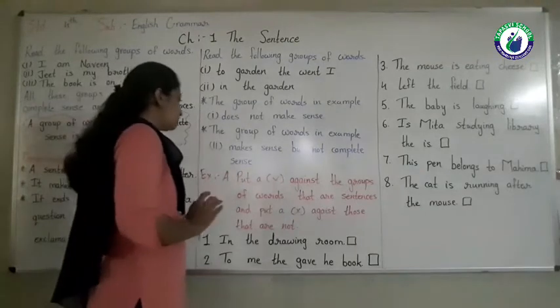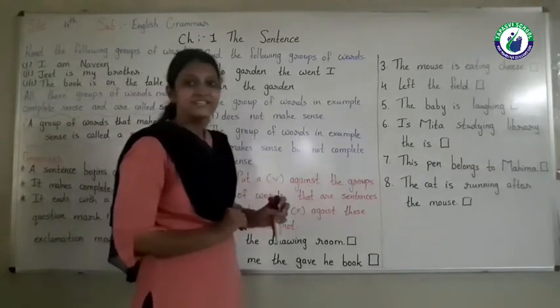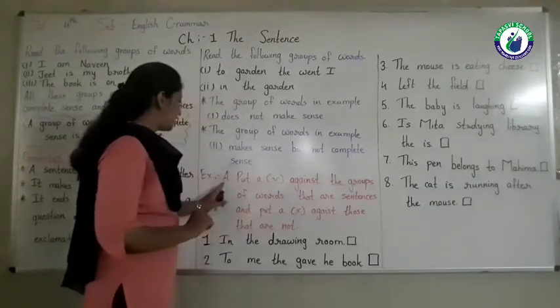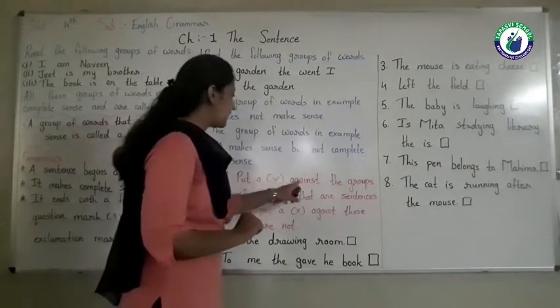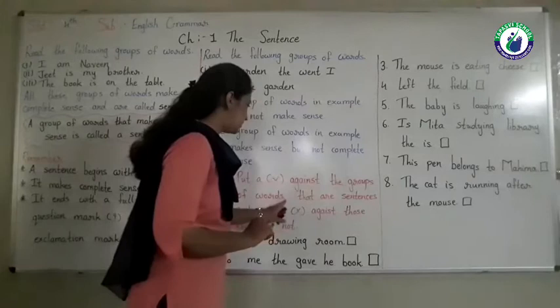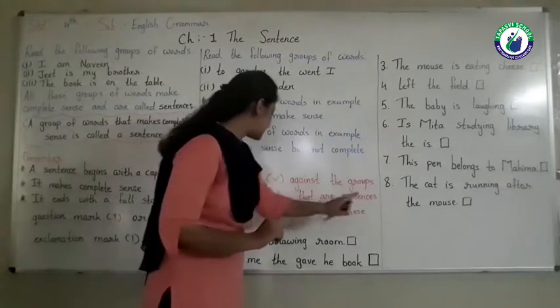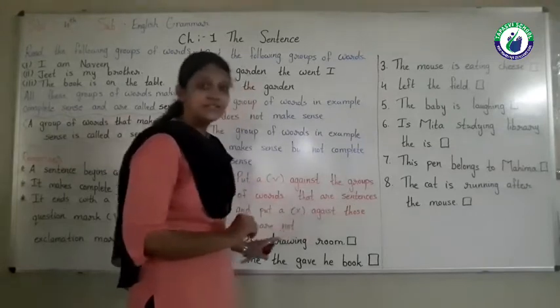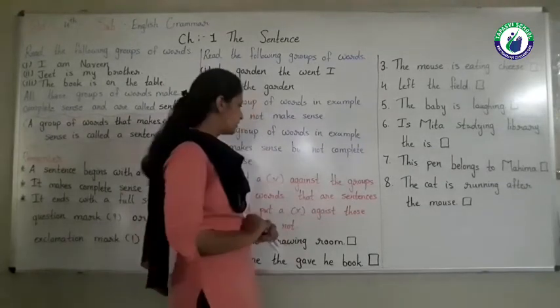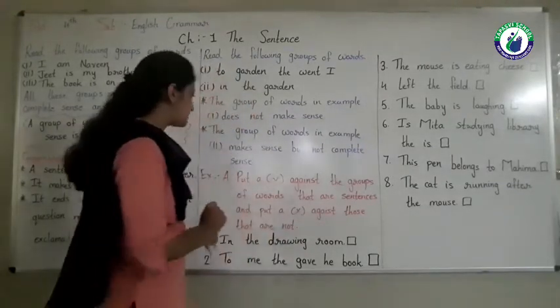Now we will move forward on exercise A. I read the instruction of exercise A. Put a right against the groups of words that are sentences and put a cross against those that are not. What to do in this exercise?